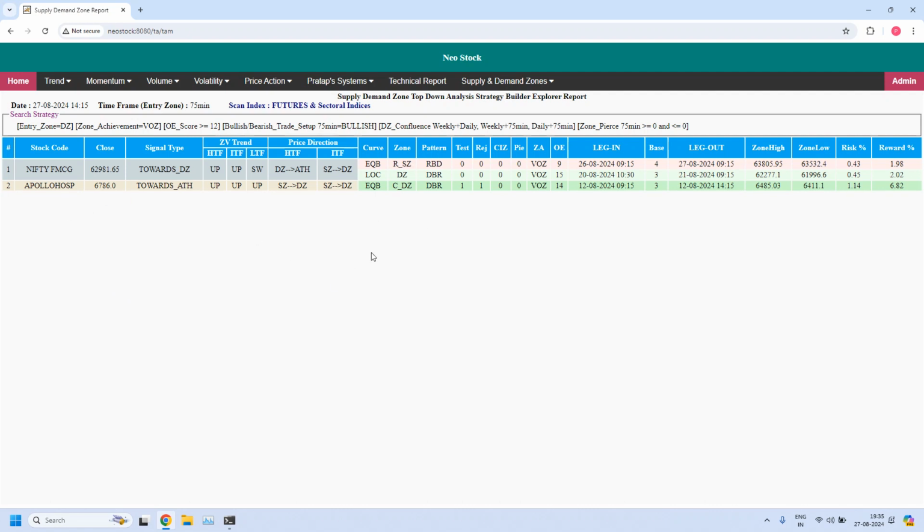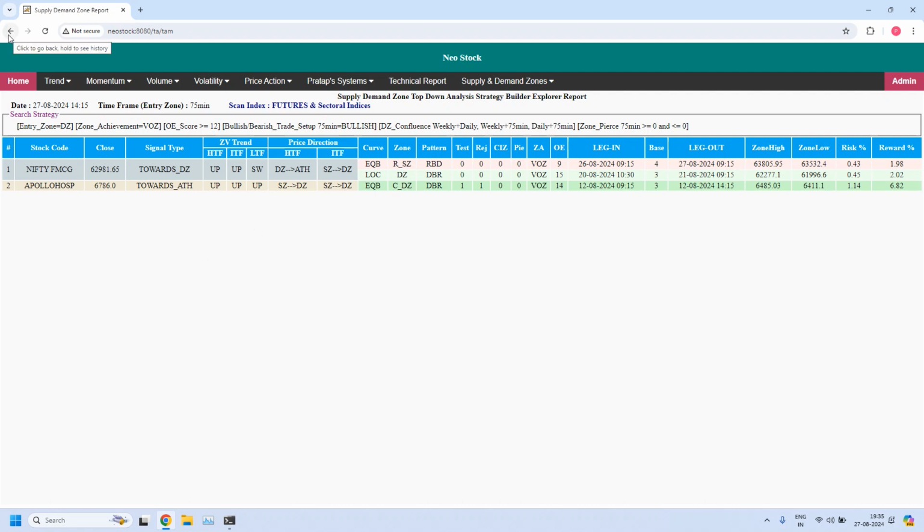Okay, currently these two are supporting LTF, ITF and HTF confluence. Because both the trends are uptrend in the HTF time frame, now we can look for EMA confluence with the weekly time frame. That means the daily and 75 are in confluence with the weekly zone, so weekly EMA confluence is a high probability setup.